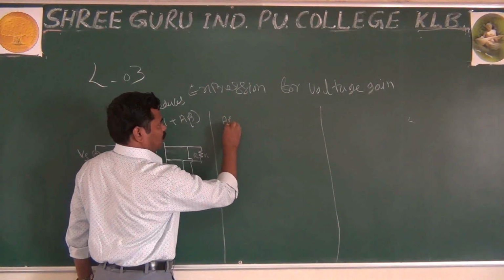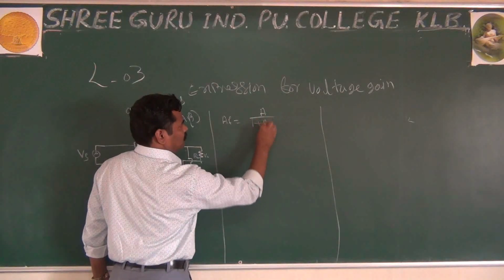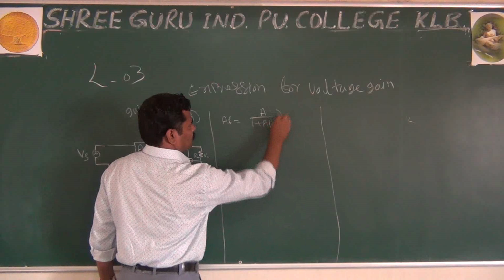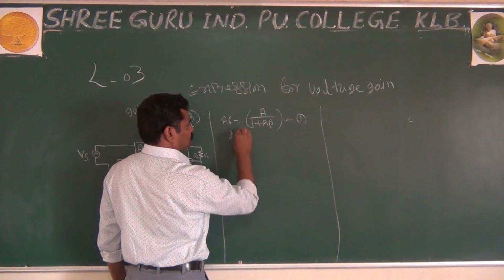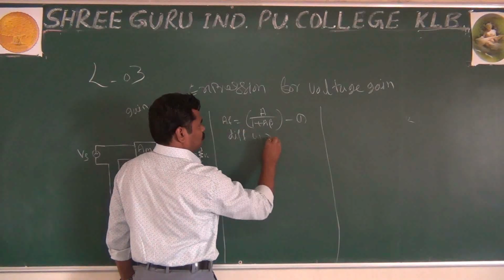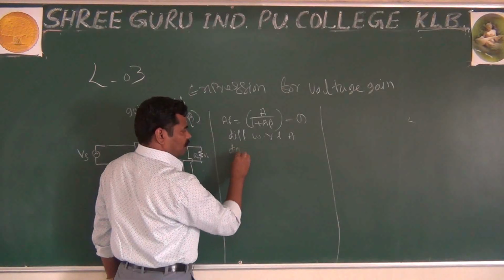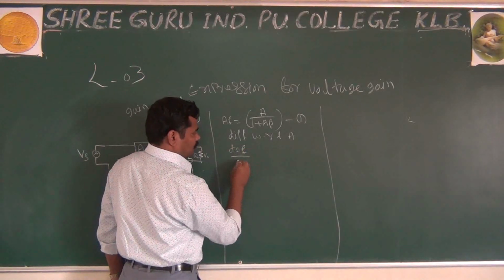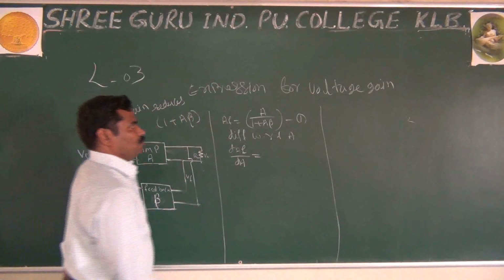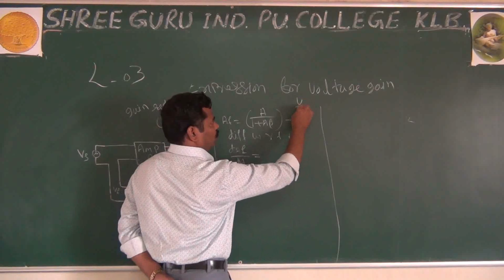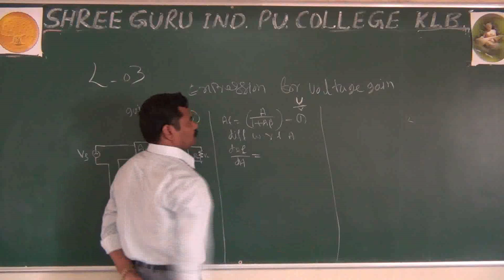Af equals A divided by 1 plus A beta, equation number 1, and differentiate with respect to A. That becomes dAf by dA equal to, as I said, use the UV method, your differentiation of U by V method.